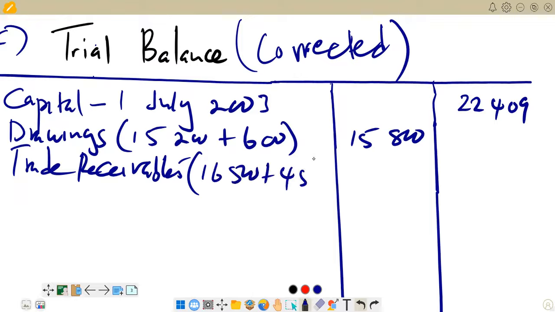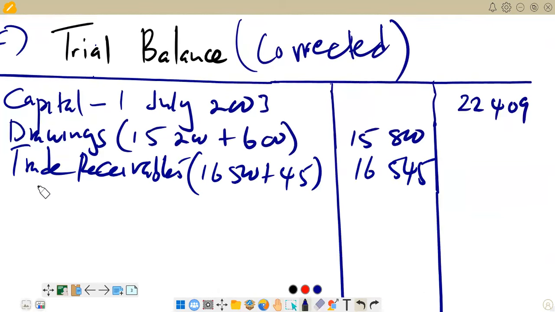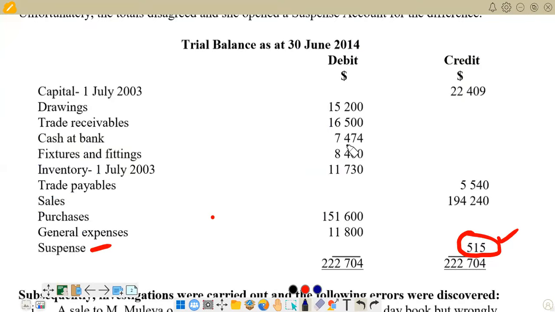And we add the 45 in our journal entries, and we get 16,545. Then we check the next account that we have, cash at bank. Cash at bank is an asset, so it has a normal debit balance, and the amount that we have is 7,474. And we go again to check if it is being affected.